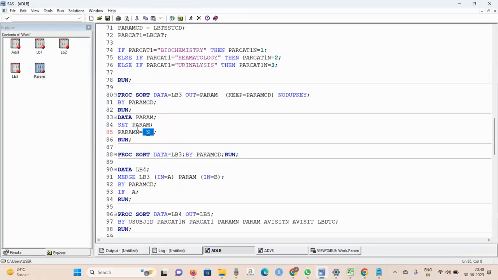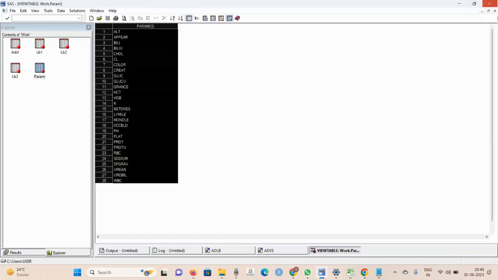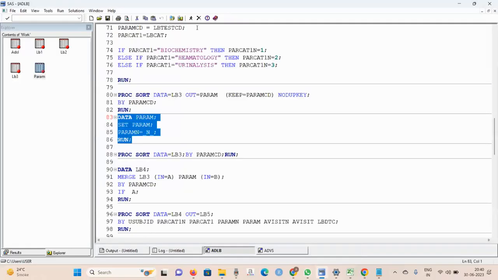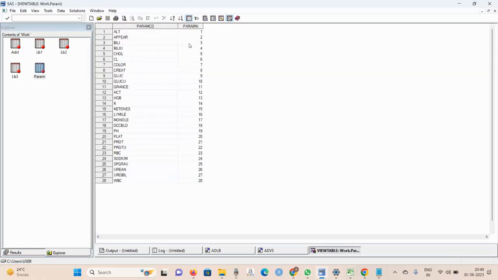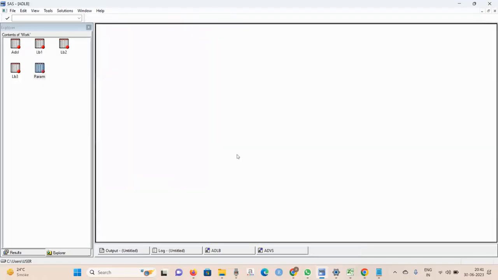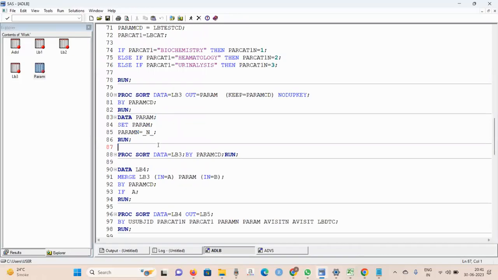So I took that one, and if I run this one, the new variable paramn will be added here. So everything comes up to 28. So I gave the number like that. Instead of writing if paramcd equal to ALT then paramn equal 1, up to 28, I just use the automatic observation variable.